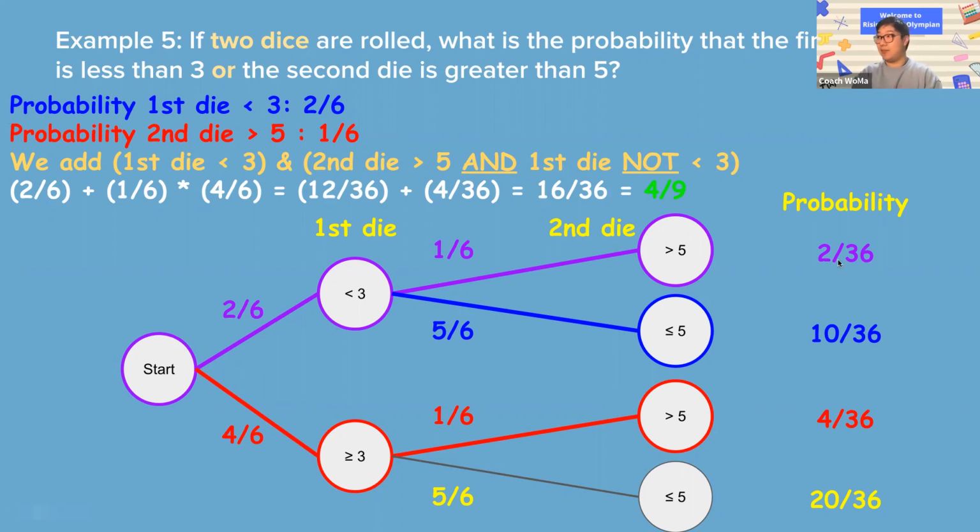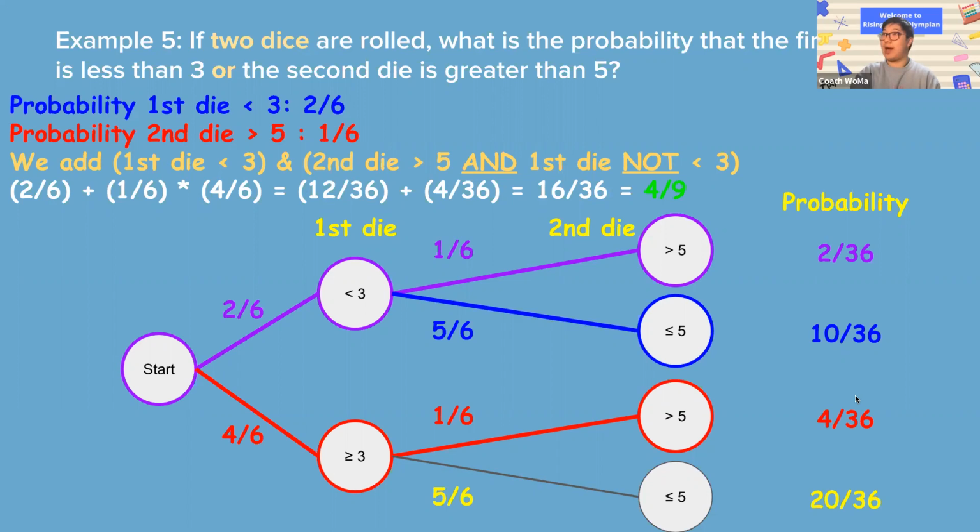This blue one here is strictly falling in this: at least the first die was less than 3. This possibility here is at least the second die is greater than 5. In this case, we're looking at the probability of all of these.